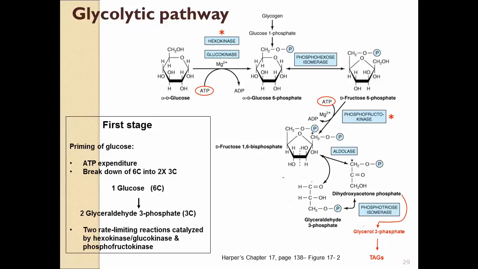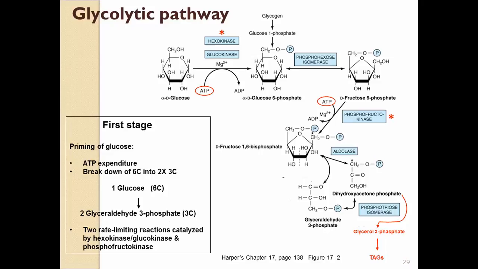And hexokinase is more abundant in the muscle, so in the muscle, glucose is phosphorylated mostly by hexokinase. But these 2 enzymes catalyze the same reaction, just with different tissue distribution. So you try to remember this first key reaction: substrate, products, and enzymes, right?